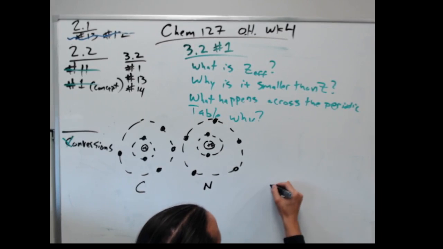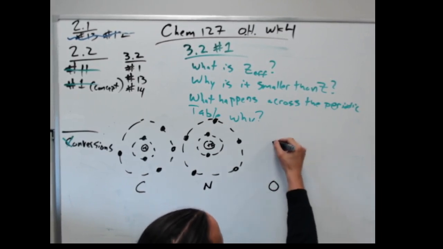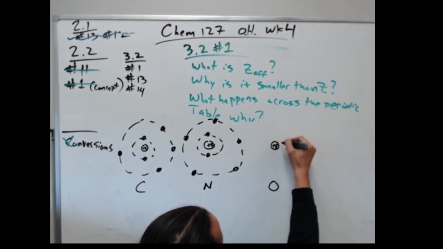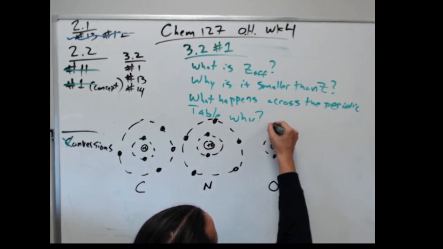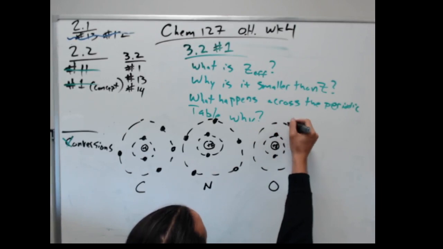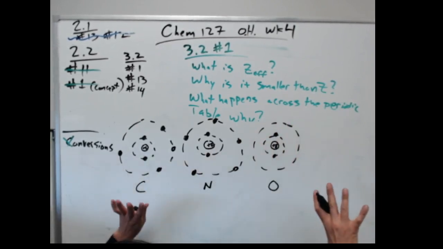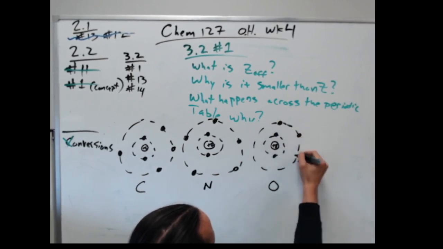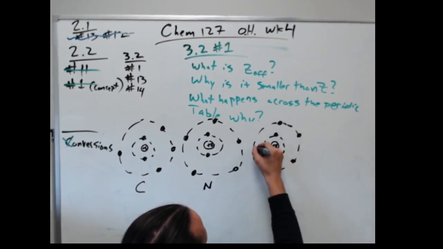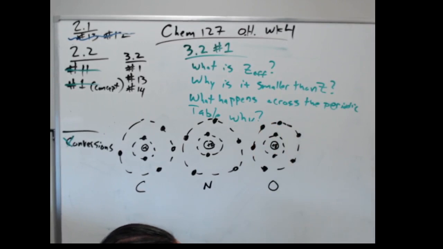Then I'm going to go to oxygen. That's going to be a +8 in the middle. Got my n=1 with 2 electrons, and I got my n=2. Sorry, the sizes should be all the same-ish, but I'm running out of space. This is going to have 1, 2, 3, 4, 5, 6 in that n=2 shell.